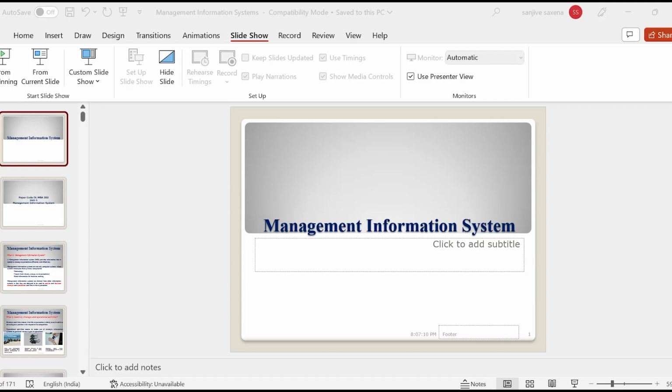A management information system, abbreviated as MIS, provides information that is needed to manage an organization efficiently and effectively. In other words, MIS is used to give you some information through which you can take some decision based on what you have provided into the system.